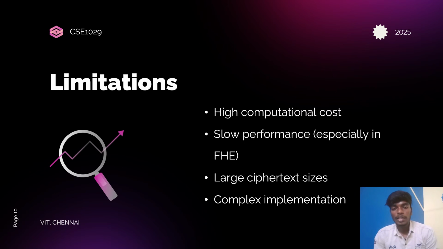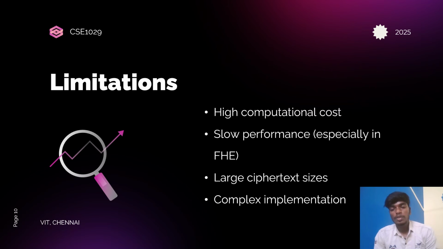This hello can be encrypted using any encryption algorithm such that the encrypted message becomes very big. So there is a high chance that you cannot afford it. It has high computational cost and slow performance, especially in FHE, that is fully homomorphic encryption.